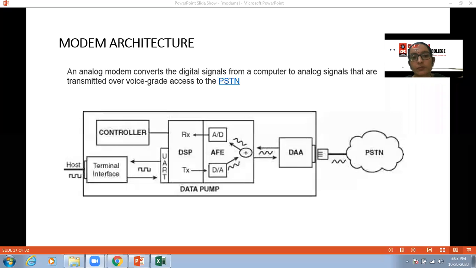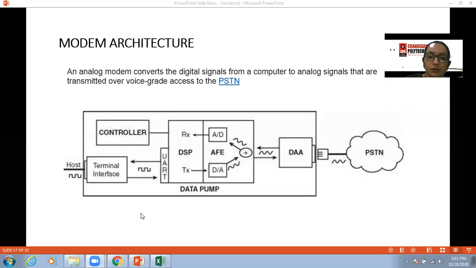An analog modem converts the digital signals from a computer to analog signals that are transmitted over a voice-grade access to the PSTN. Here on your screen is a diagram of modem architecture, which can be controlled with the help of a data pump.